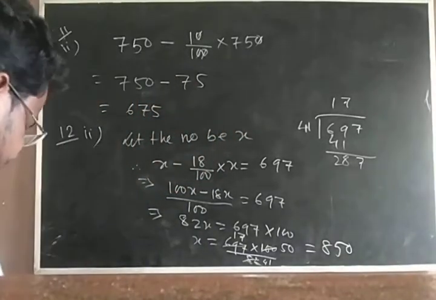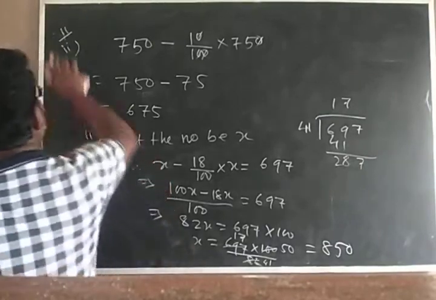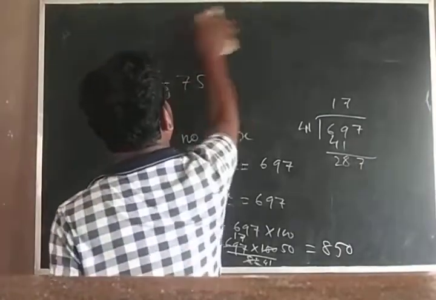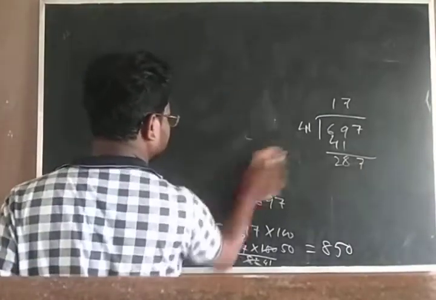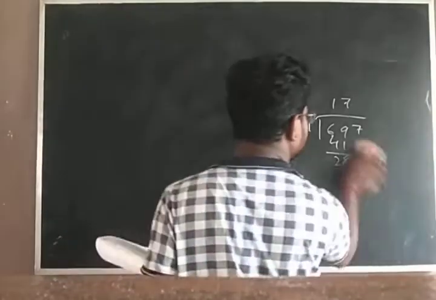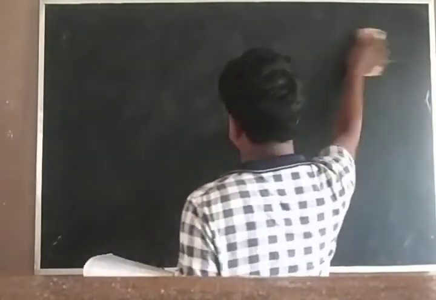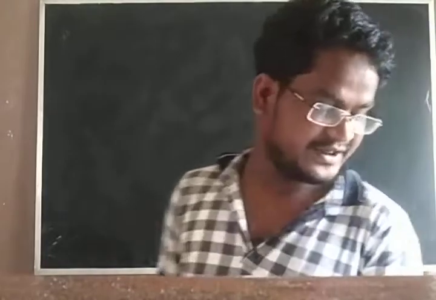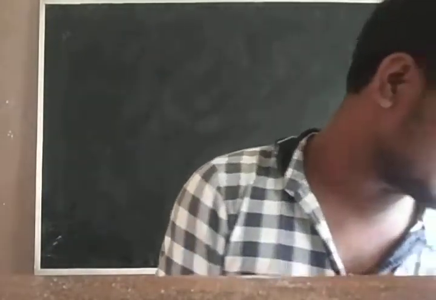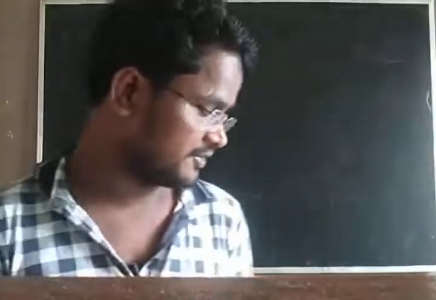Next, 14. In a school, 38% of the students are girls. If the number of boys is 1023, find the total strength of this school.